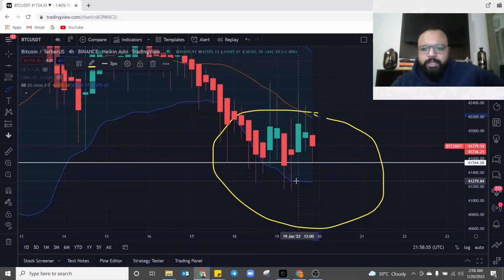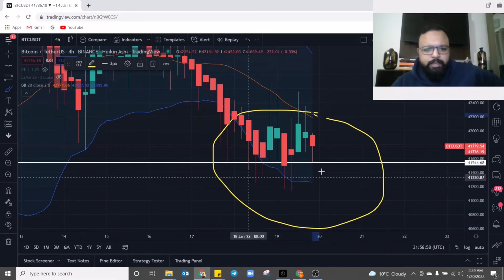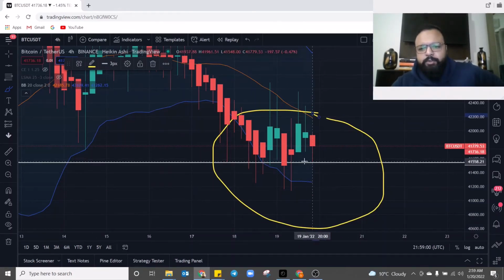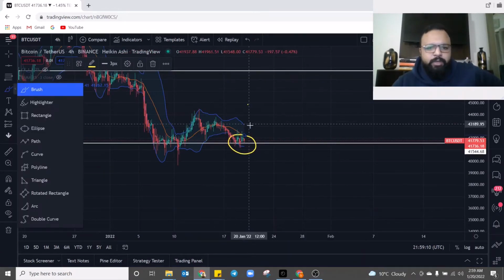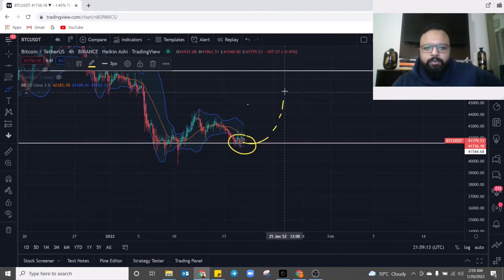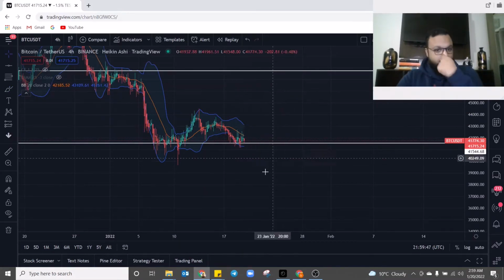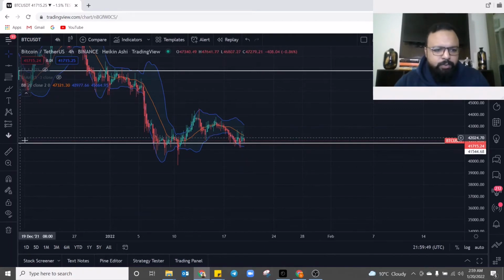Our Bitcoin price is almost touching the Bollinger Band right here, and there is a huge possibility that because there is a support level, and it is the lower Bollinger Band where the price is touching, there is a great probability that price is going to go upwards.